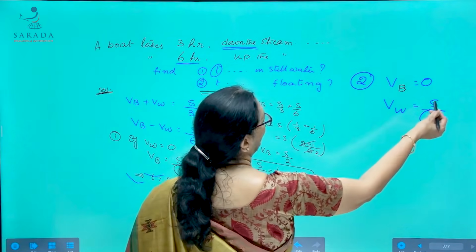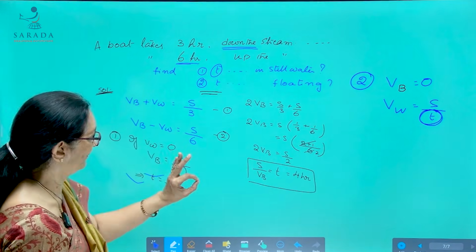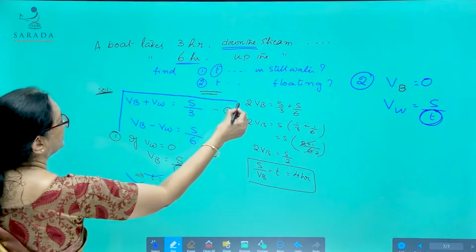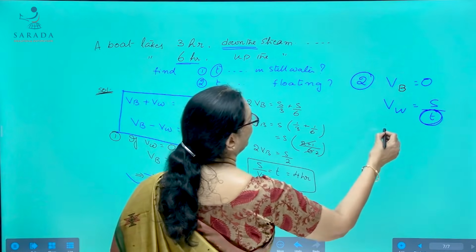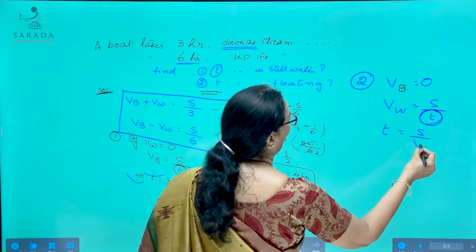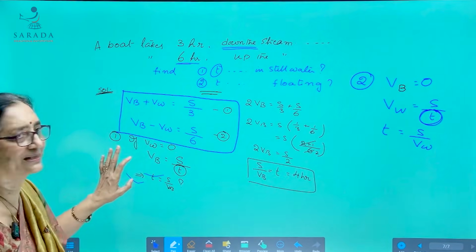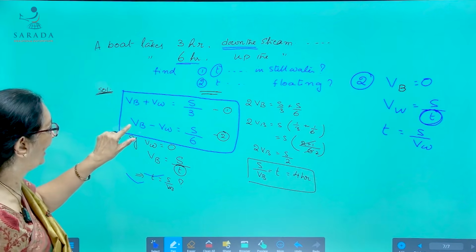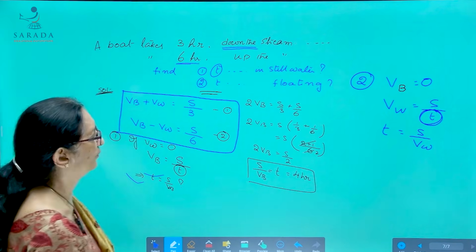So, VW is S by T, and this T you need to find out. So, stay back, think a little, look into these two equations. Now, what is asked? Time T is equal to S by VW. From these two equations, which has to be eliminated? VB. To eliminate VB, subtract equation 2 from 1.